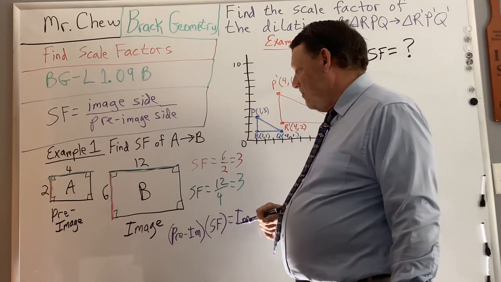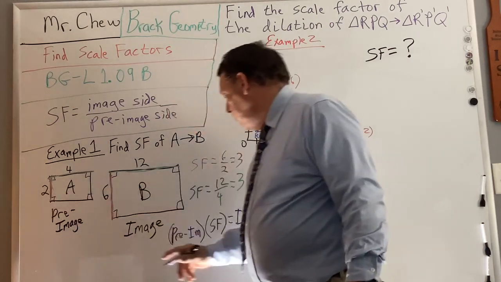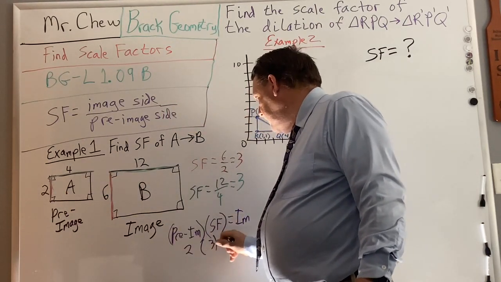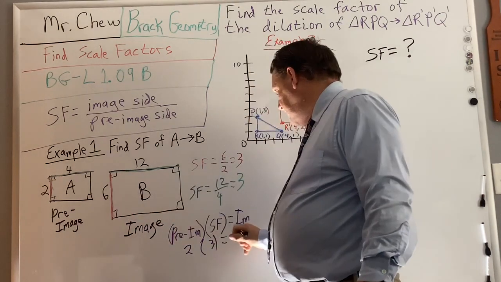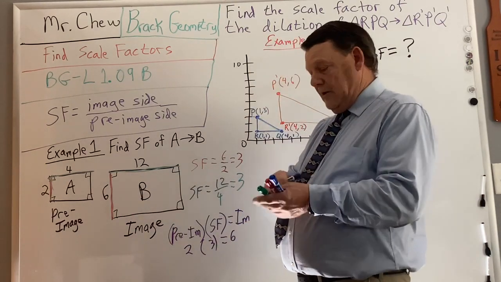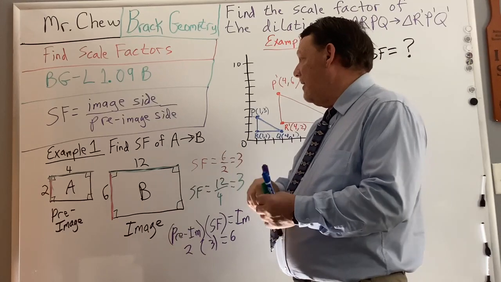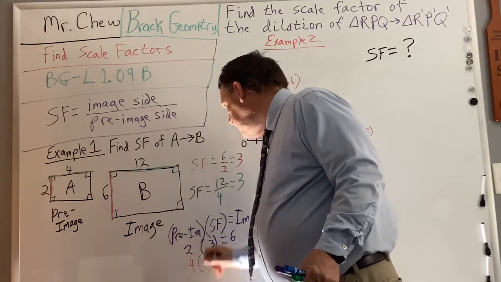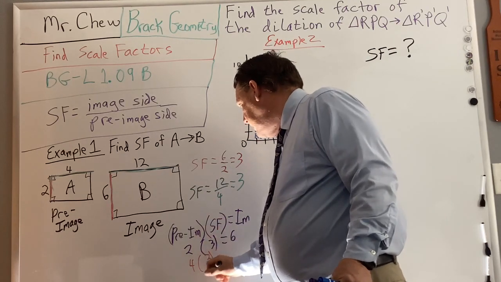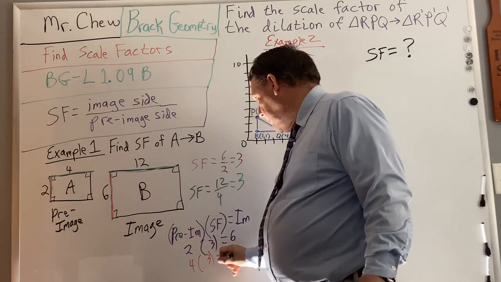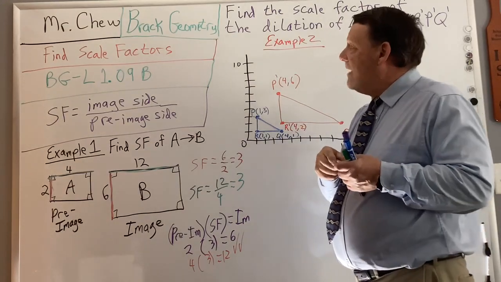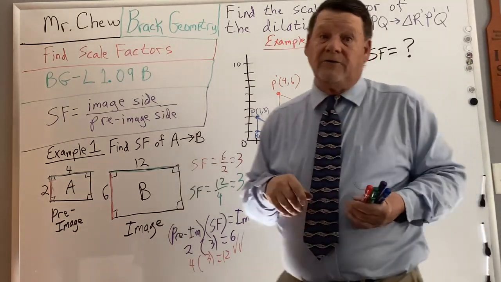Let's see if that's true. 2 times 3 equals 6. Yep. Let's try the other one. 4 times the scale factor of 3 equals 12. Yep, they both worked. So that's how you find a scale factor.